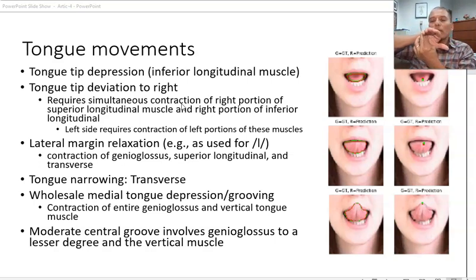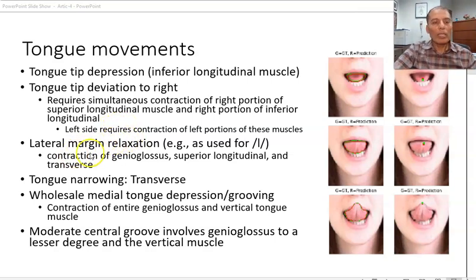When they contract, they deviate the tongue to the right side. If you want to deviate the tongue to the left side, you just do the opposite. You contract the left portions of the inferior longitudinal and the superior longitudinal, and that deviates the tongue to the left. We do these functions when we do oral facial mechanism exams.